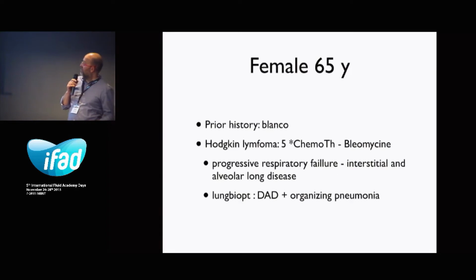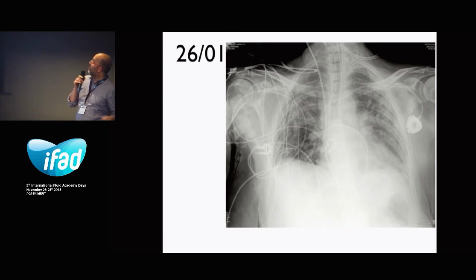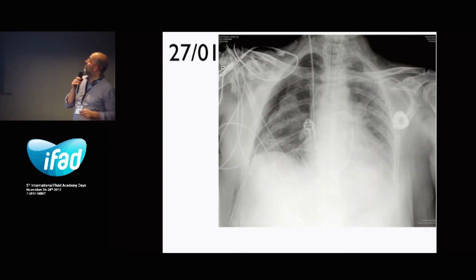A more difficult patient in the intensive care, Hodgkin lymphoma, major chemotherapy, progressive respiratory failure, interstitial and alveolar lung disease. She received a lung biopsy: diffuse alveolar damage with organizing pneumonia. And then with the chest drain in, she develops a pneumothorax with a chest drain in already.